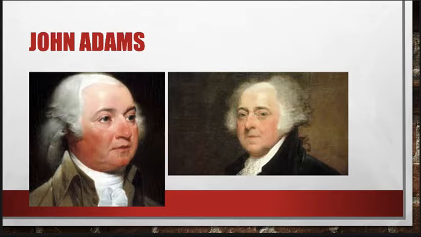Now, Alexander Hamilton is obviously the best known member of the Federalist Party. He can't run for president. Why? He's not a natural born citizen. He cannot run for president. So, the Federalists are forced to turn to President Washington's vice president. A highly experienced, highly intelligent man.